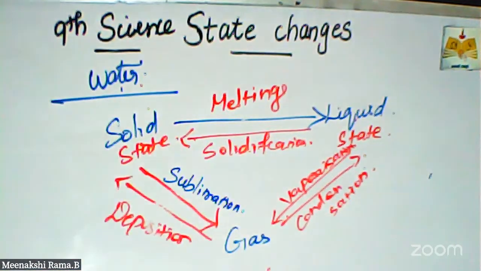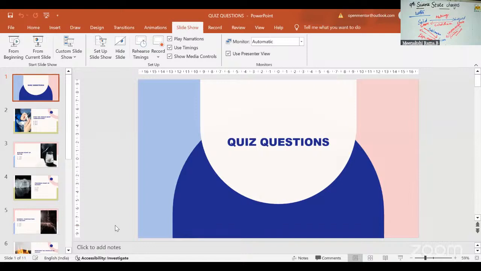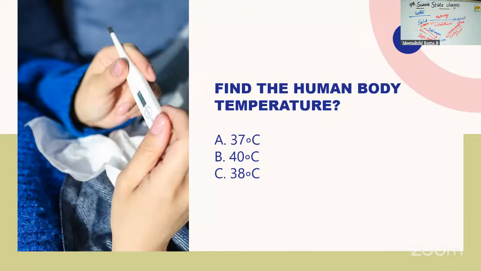So is there any doubt, students? Last two sessions we observed different kinds of topics. I think you learned some details. So I want to conduct one small quiz. The first question, find the human body temperature.